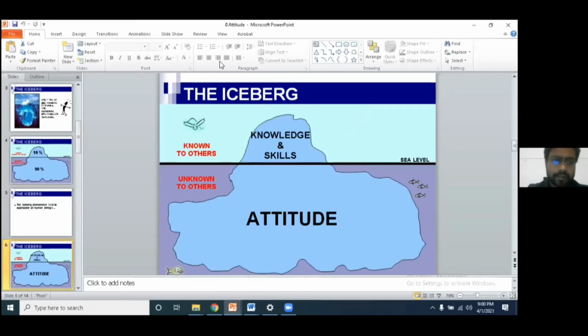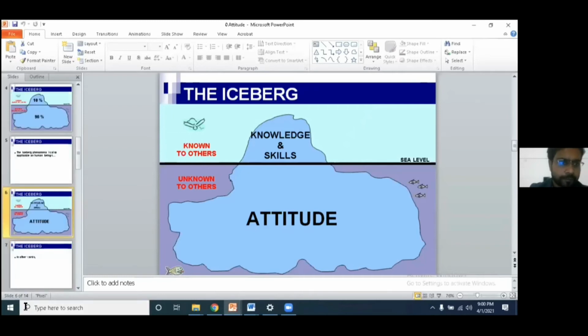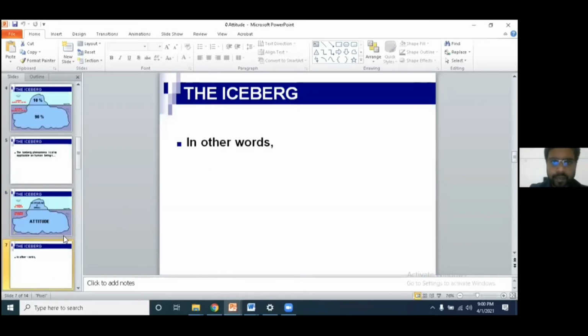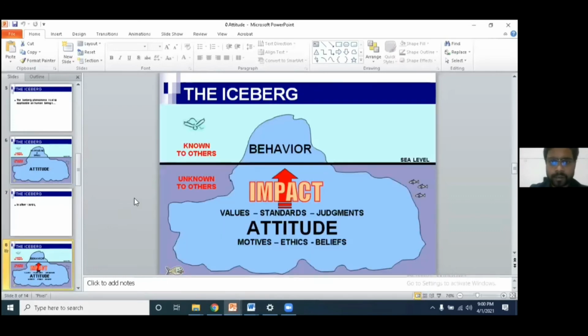That's what I want to show here. In other words, what is known to others is behavior. That means 10% is known to others. Like when I go shopping, or take food from Burger King or Starbucks, or go to refreshment parks and resorts, my behavior is visible to others.